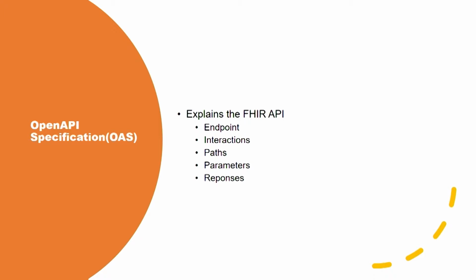To enable the FHIR portal, you use the OpenAPI Specification. We've already done this for the standard FHIR resources, where we specify things like the endpoint, the different FHIR interactions, the paths and the search parameters that are defined in the FHIR specification, as well as the responses for those requests.